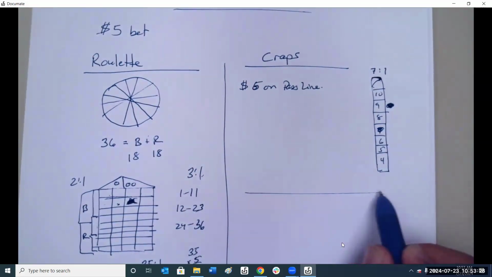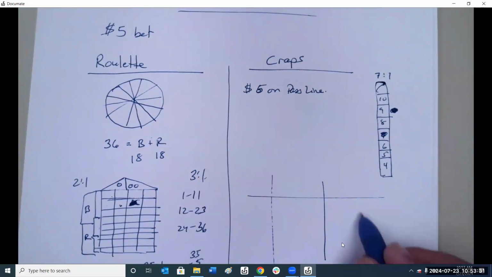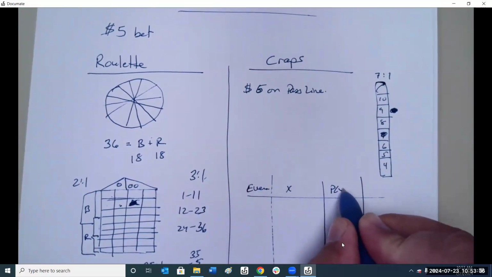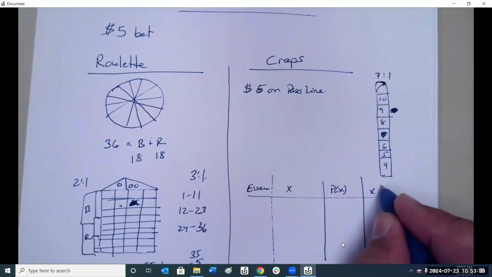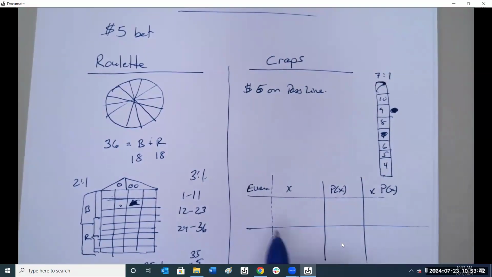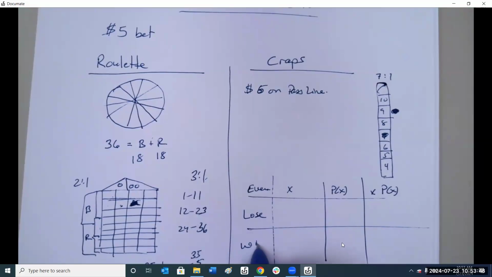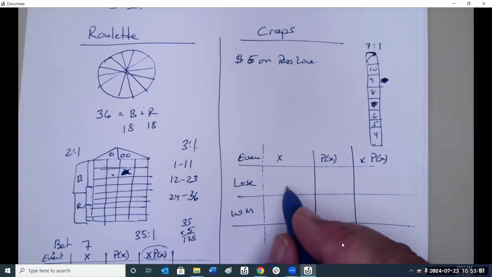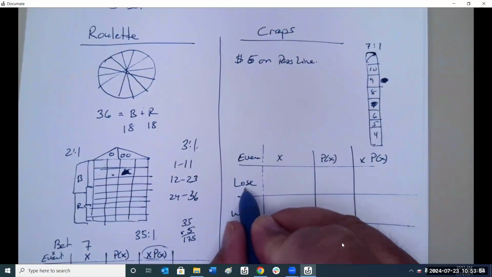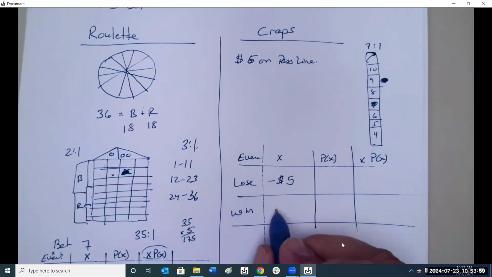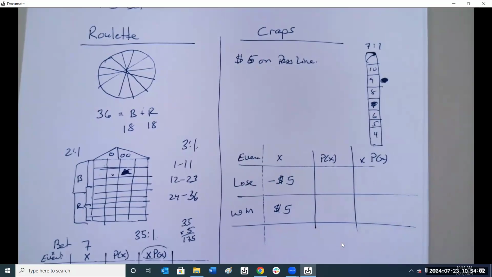So we have to create another table here: the event, the X, the probability, and X times the probability. We're going to look at lose and win. If you lose, you're out $5. If you win, you get your $5. Because all you did was bet whether it's going to be a 7 or not. It's not too difficult.